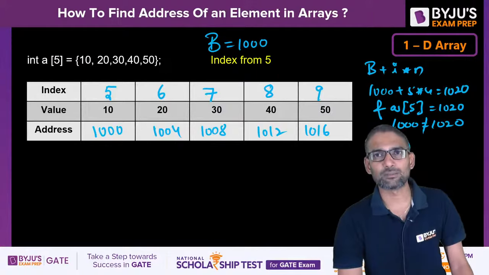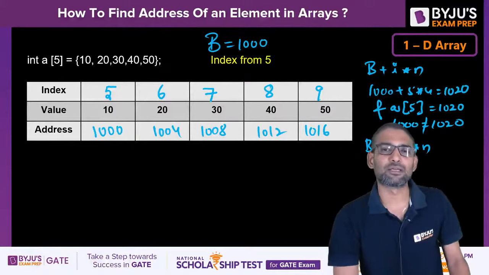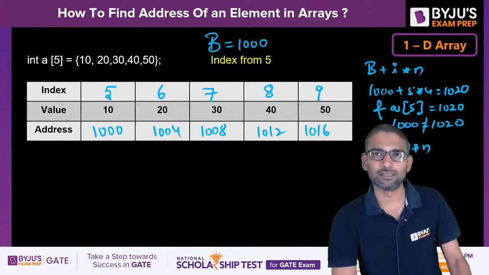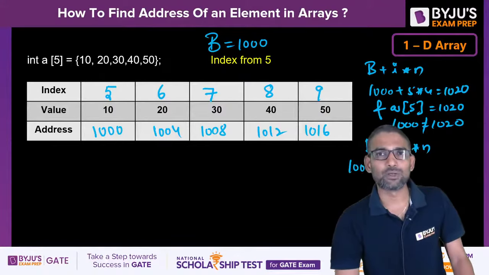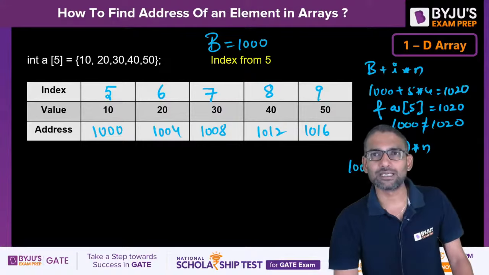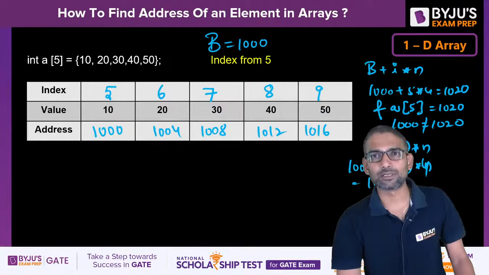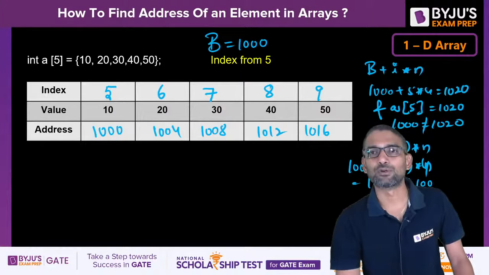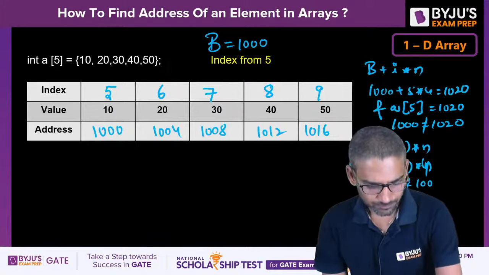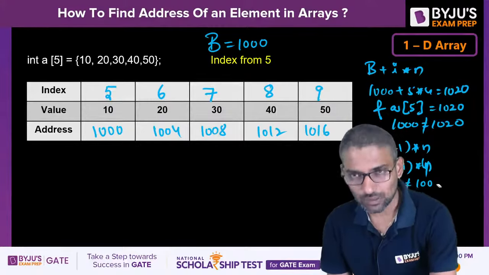I minus 1 multiplied by n is the general formula we have used for indexing from 1. If I take that, now will I get 1000 plus, I is 5, so 5 minus 1, 4 multiplied by n, that is multiplied by 4, 16, which is again not equal to 1000.